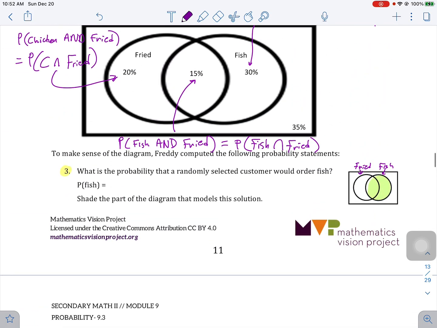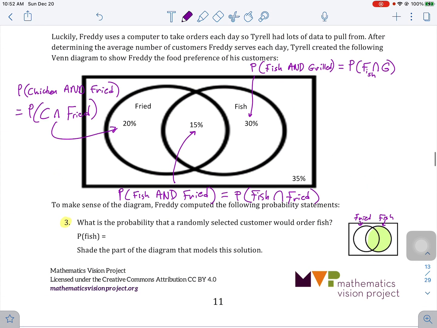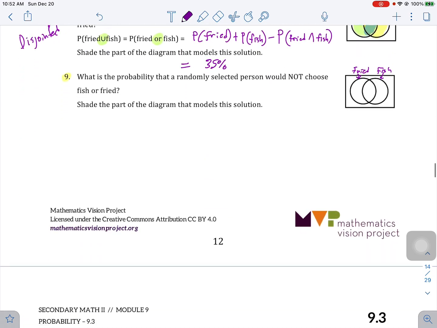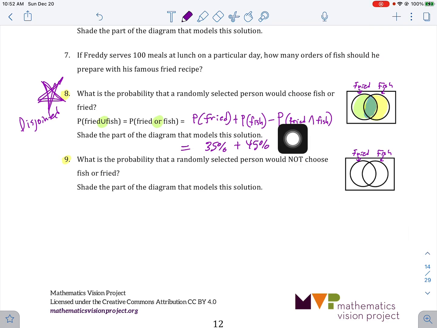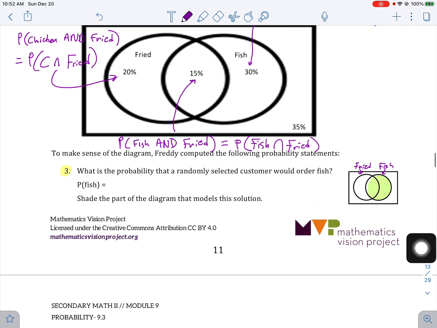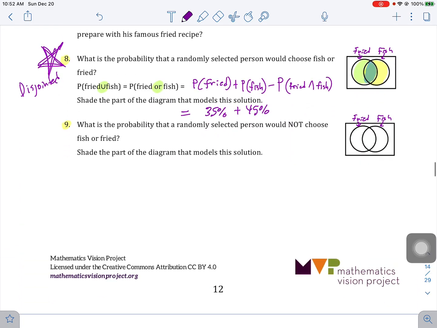P of fish, so 30 plus 15, which is 45, minus P of fried and fish, which we've now counted twice, which is 15%. And so now you can see 35 plus 45 is 80, minus 15 is 65%. That is the hardest one on here, I think, for folks to understand.